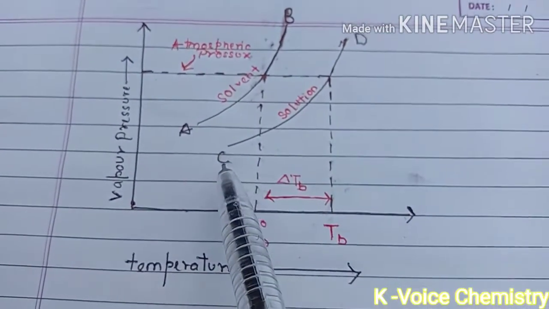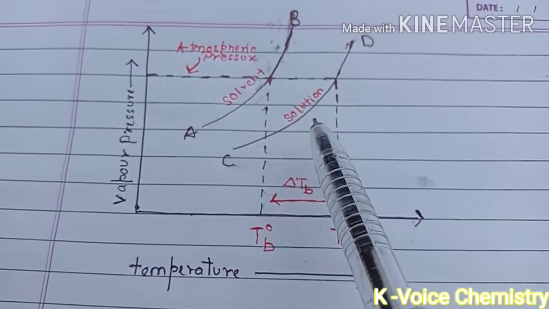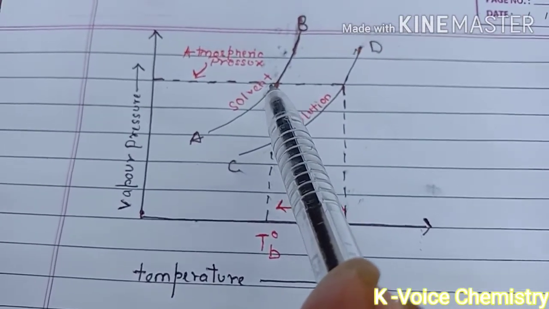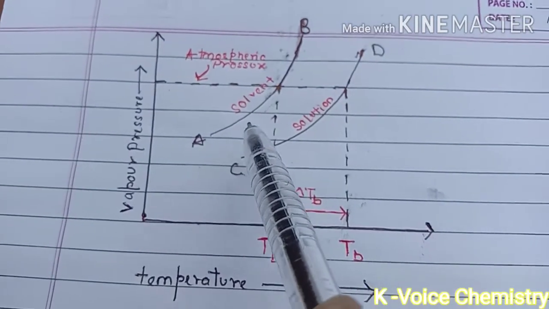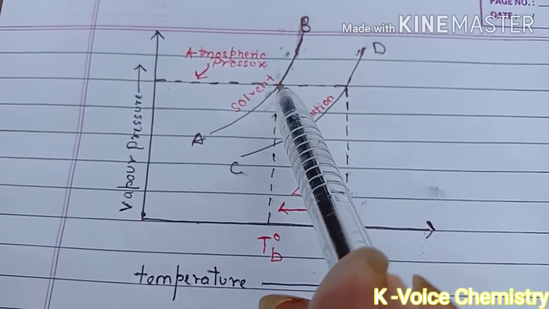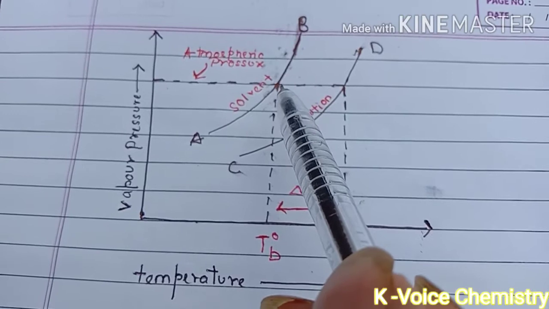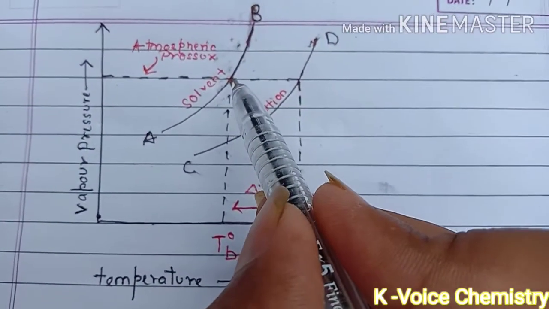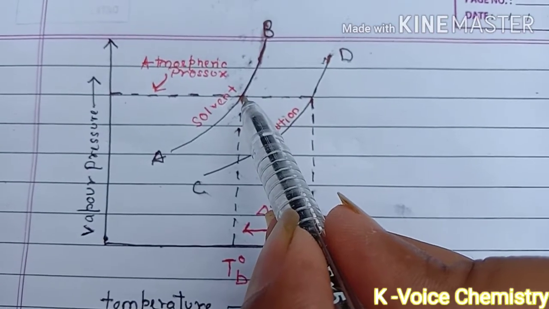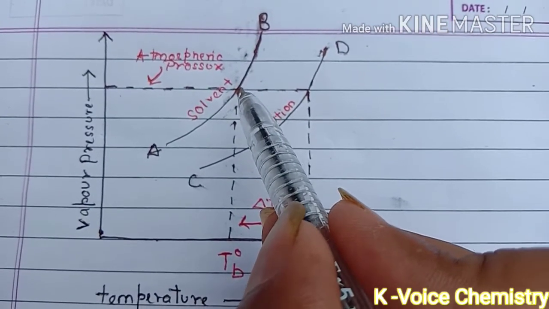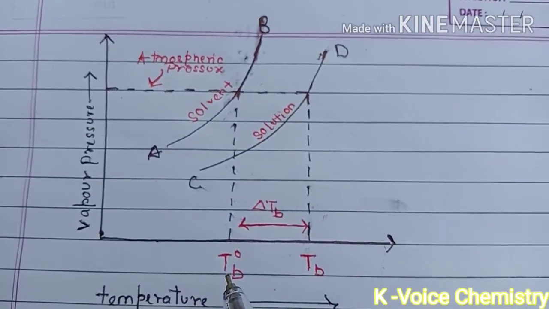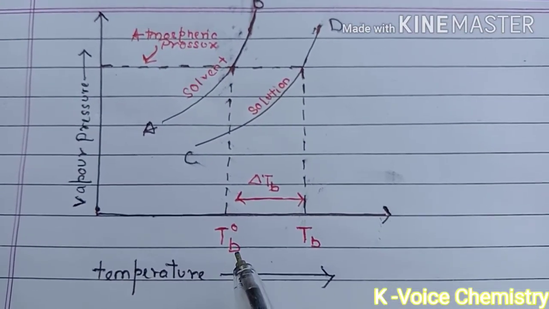This CD curve is the vapor pressure curve of the solution. When the vapor pressure curve of the solvent becomes equal to the atmospheric pressure, this is the boiling point of the solvent. It is represented as T naught b.